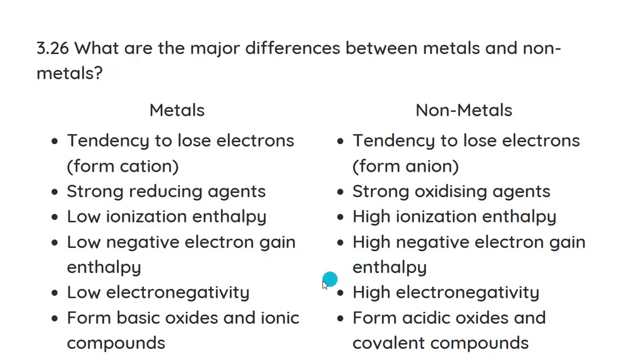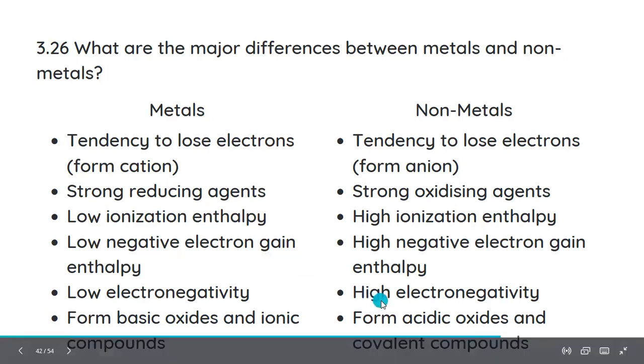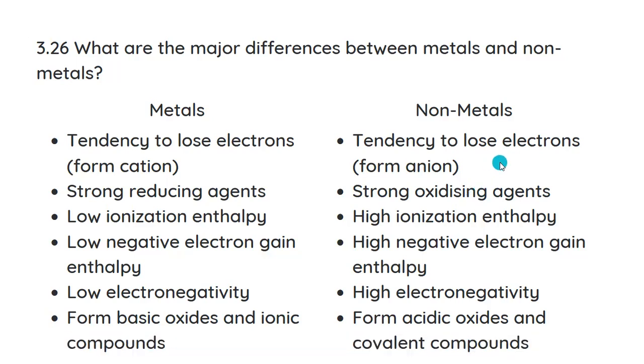Metals have low electronegativity because they don't have a tendency to pull electrons towards themselves. Non-metals, on the other hand, have a high electronegativity. Metals form basic oxides and ionic compounds, whereas non-metals form acidic oxides and covalent compounds. We had discussed this again when we talked about chemical reactivity.